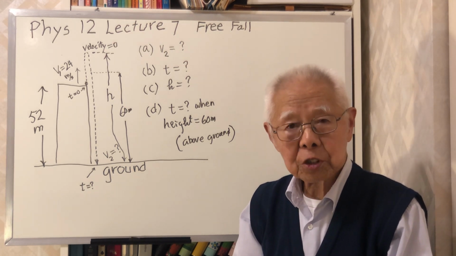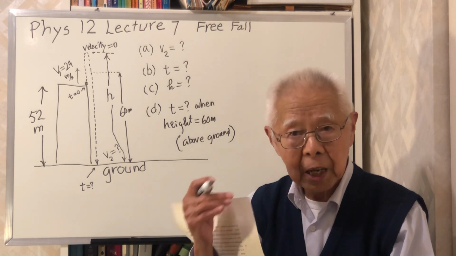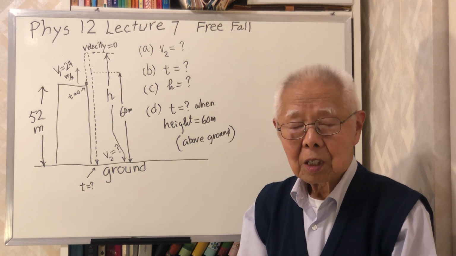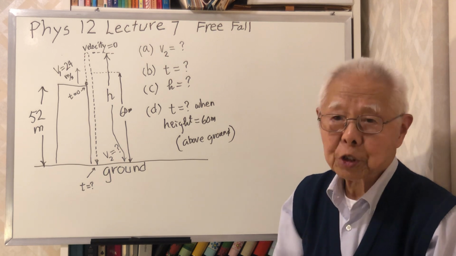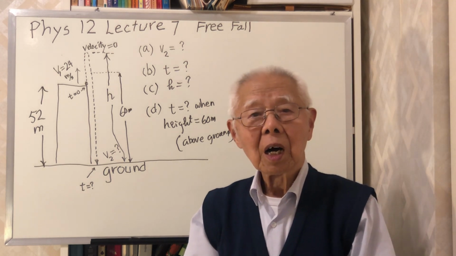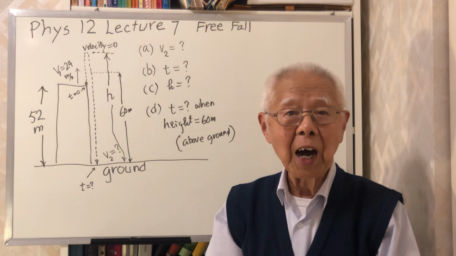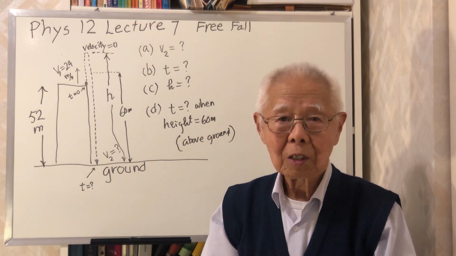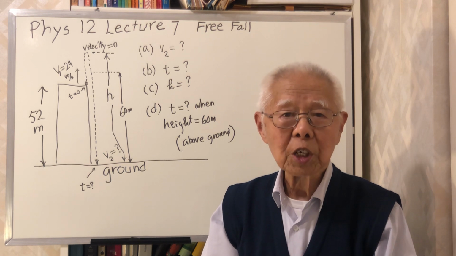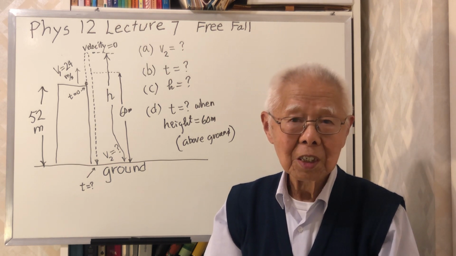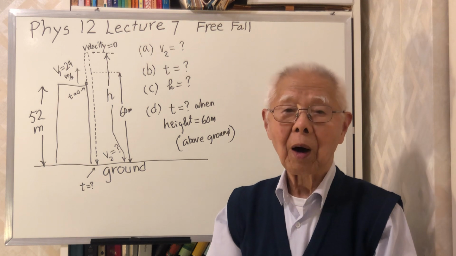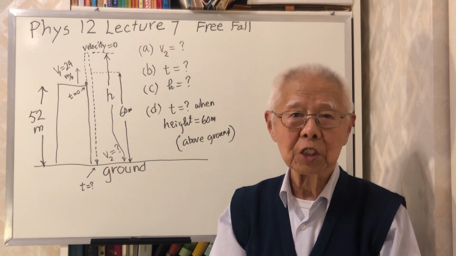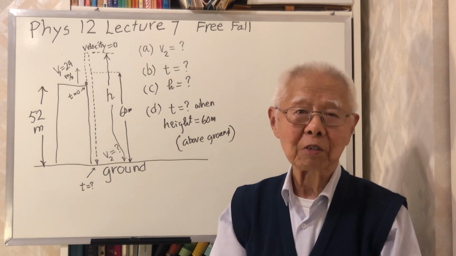In kinematics, we have three basic equations. Usually in the textbook there are 5 equations, but only 3 of them are enough. So I usually tell my students, just remember the 3 equations. You don't need 5, just 3.